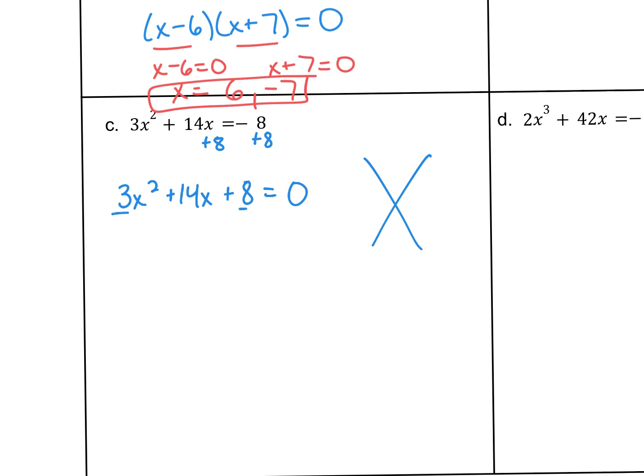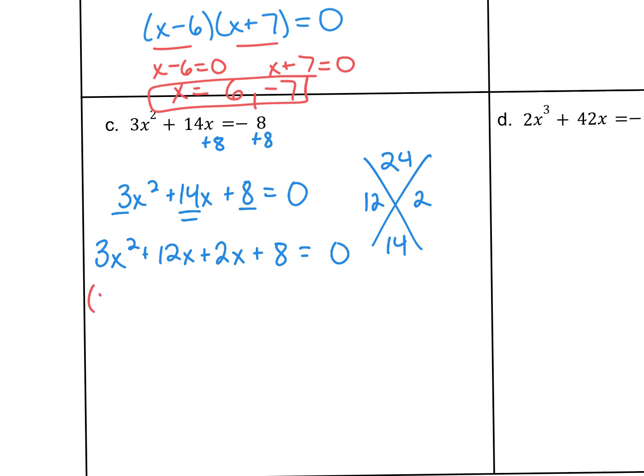So 3 times 8 gives me 24 on top, 14 on bottom. Think about 2 things that will multiply to 24 and add to 14. Should think 12 and 2. So we keep our first term, our 2 new middle terms, our 12x and 2x. Keep our last term. Now we are grouping.